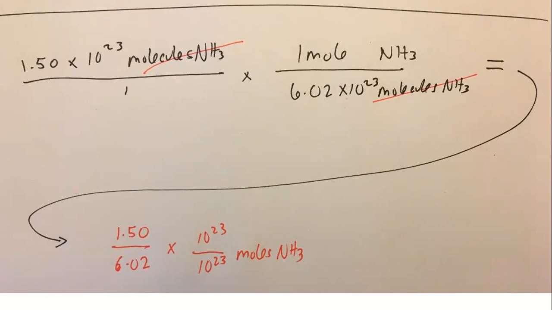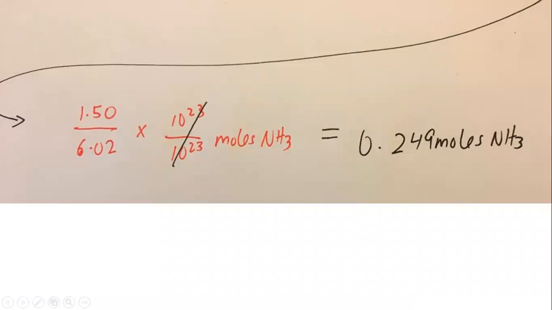And we're going to multiply that by the exponent in the numerator divided by the exponent in the denominator. And the only unit left, of course, is moles, which is what we want. In this next slide, we see that 10 to the 23rd divided by 10 to the 23rd cancels. That equals 1. So really, this just pops out to be 0.249 moles of ammonia.